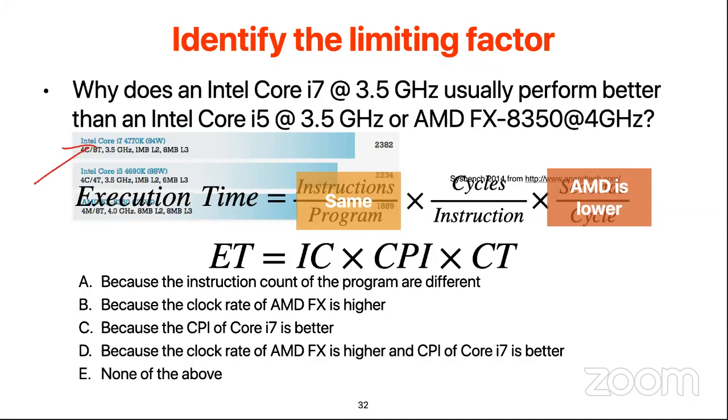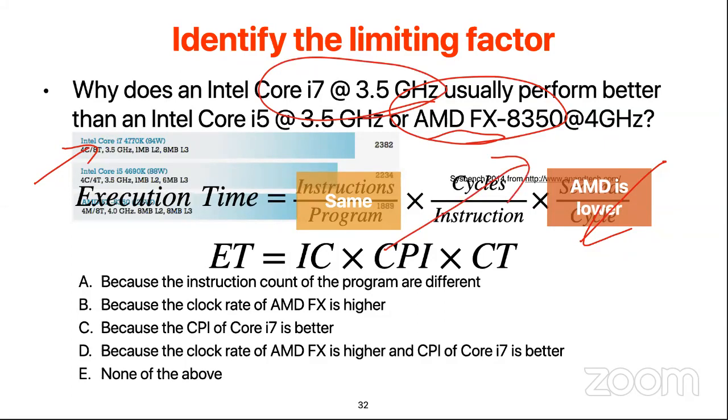However, for this case, it looks like AMD is using more time. So this is not the main reason why the performance is better for the Intel processor. It's more about the lower CPI on the Intel processor, and it's a lot lower, even more than the percentage of cycle time difference between the AMD and Intel processors.